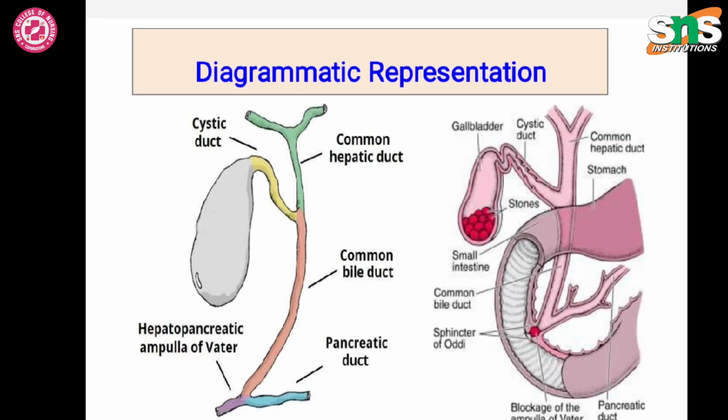Acalculous is the non-obstructive type, which is common in persons suffering from major illness like severe sepsis, burns, DM, that is diabetes mellitus, dehydration and multiple injuries, etc. Acute emphysematous cholecystitis is a rare form of acute cholecystitis where gallbladder wall necrosis causes gas formation in the lumen or wall.